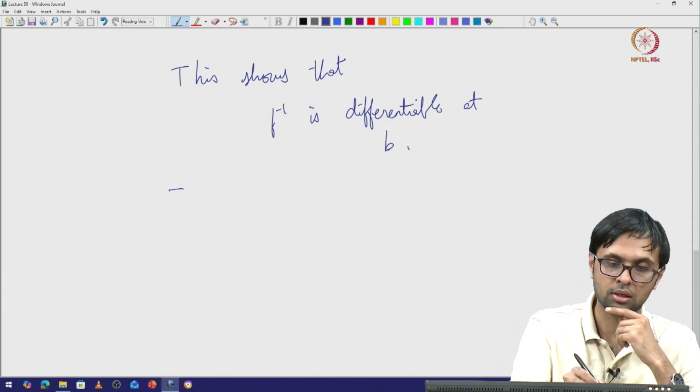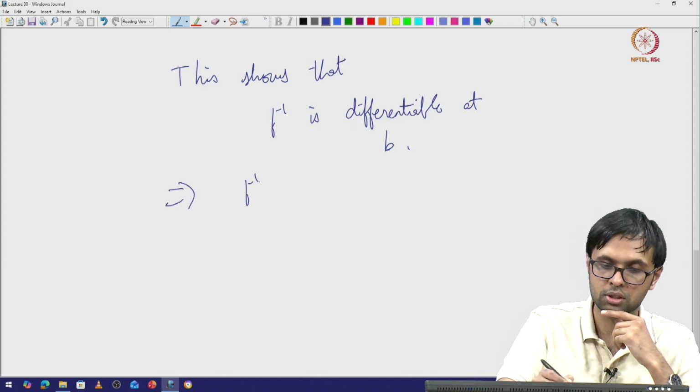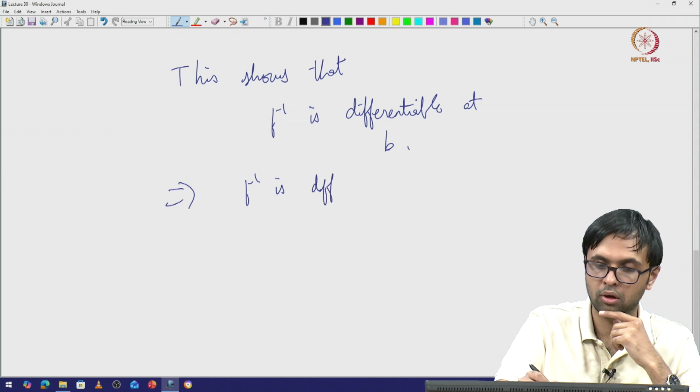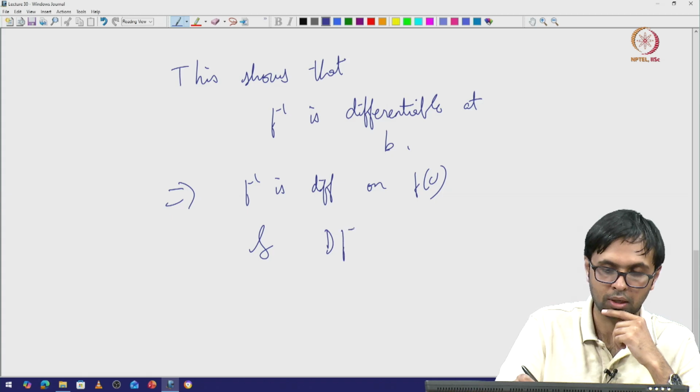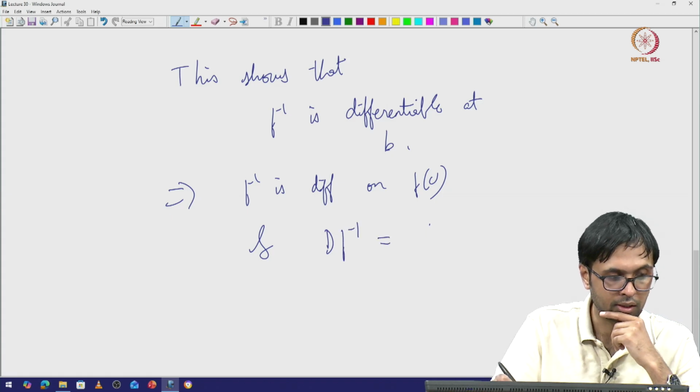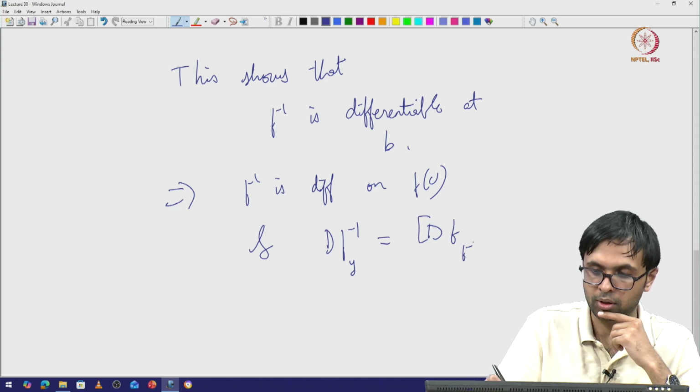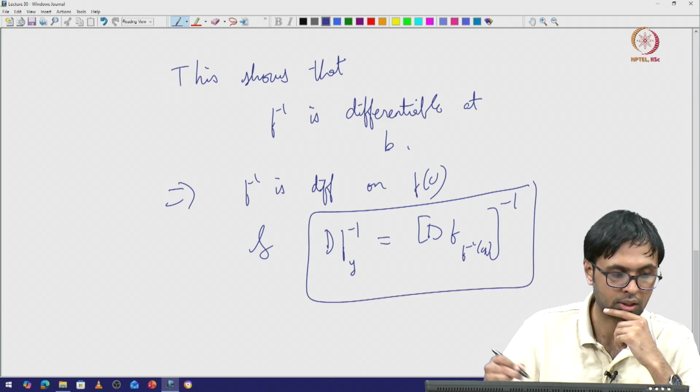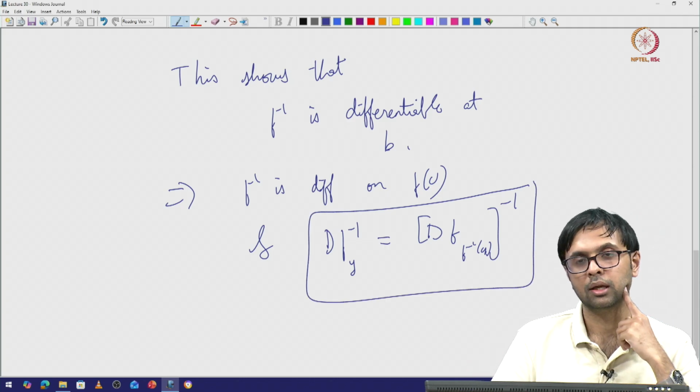So, as a consequence, this argument applies for any B in F of U. So, this means that F inverse is differentiable on F of U, and the derivative also has a formula that simply at the point y is the derivative of f at the point f inverse of y, the inverse of this matrix. Okay.